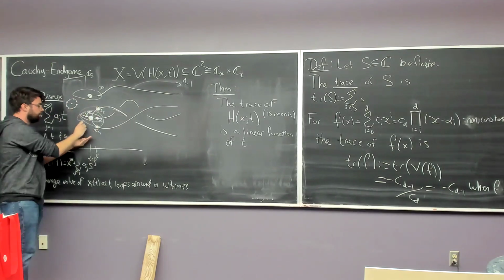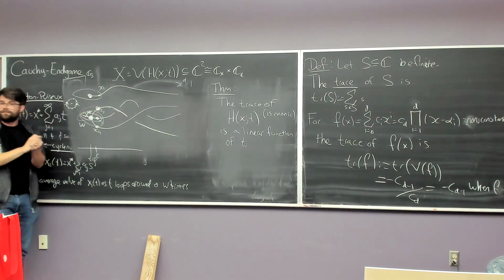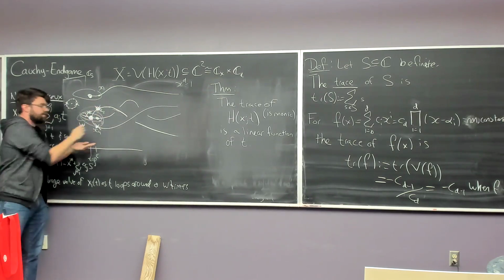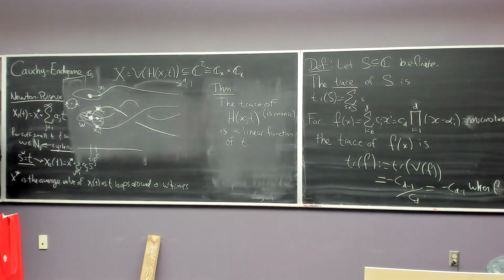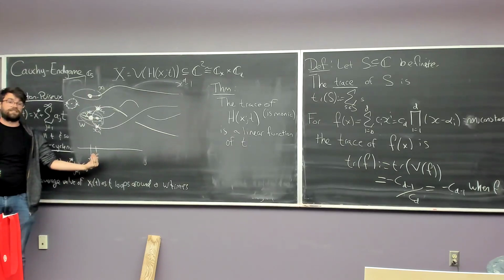Well, if this has winding number W, and I take W equally spaced points, where do they show up here? They are exactly these points. So taking those averages to approximate the Cauchy integral is the same thing as taking the trace.